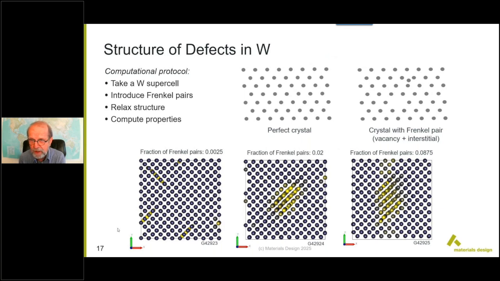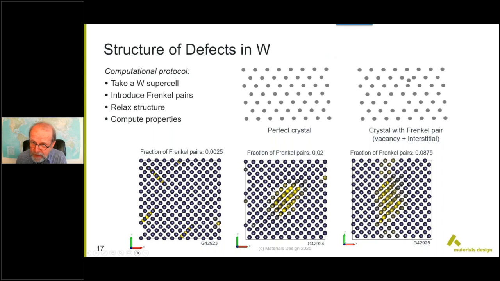A Frenkel pair is essentially when you take one atom and you knock it out from its lattice site and eject it until it ends up somewhere in an interstitial position. So you're left with an interstitial atom and a hole. And you do this for increasing concentration, and then you take that initial structure and you anneal it and see what comes out. And well, not surprisingly, you're getting these types of crowdions.